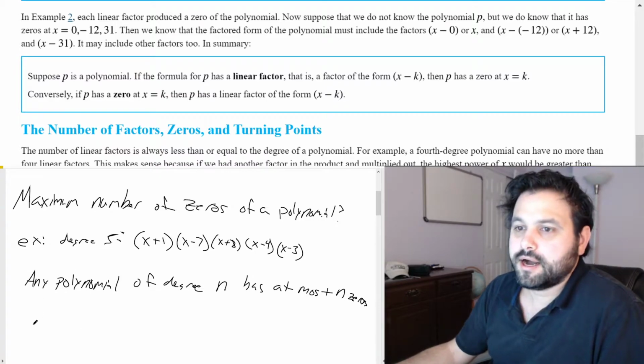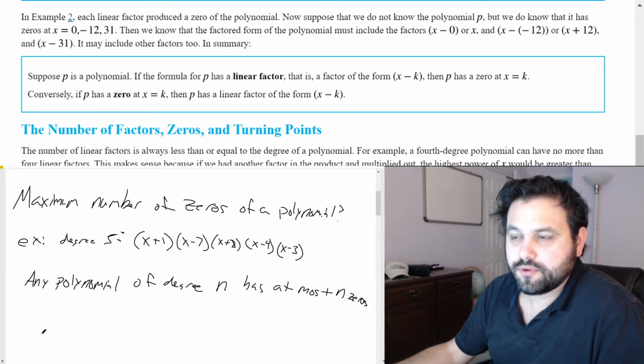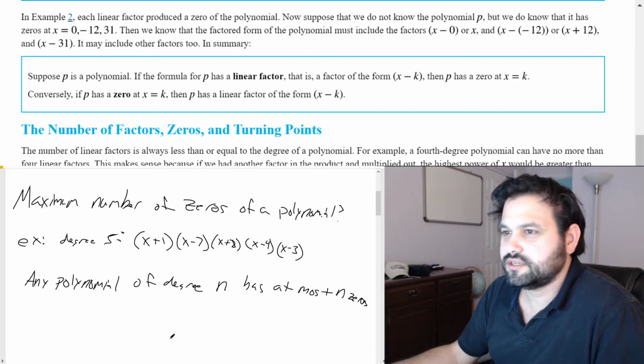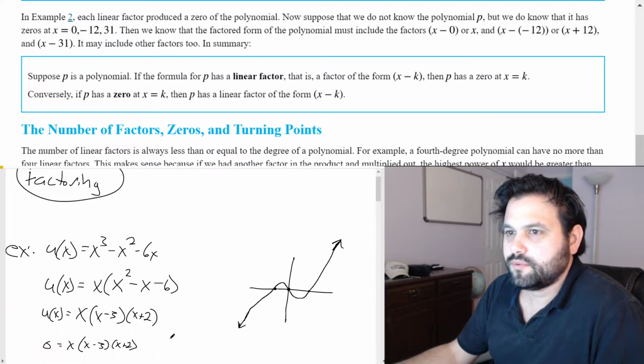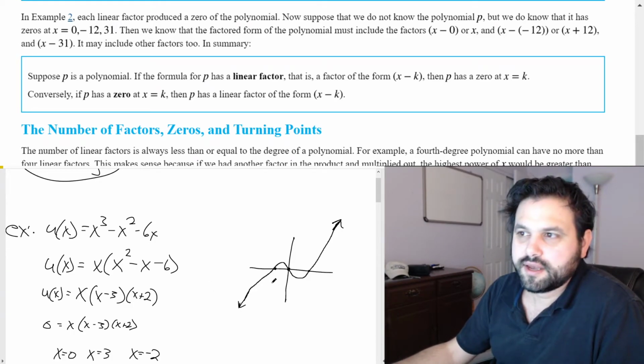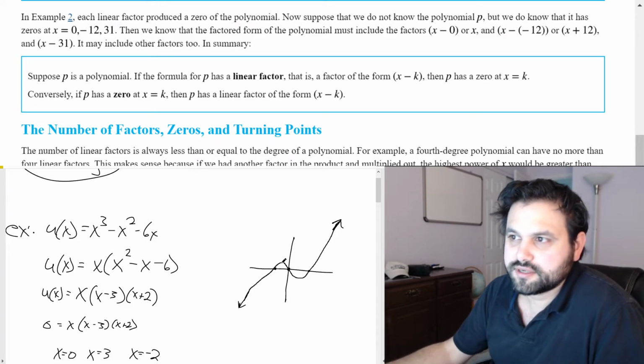Okay? How about turning points? Well, let's go back to this example. We had a degree 3, and take a look at the turning points. There's one here, and there's one down there. So there's 2 turning points on a degree 3.